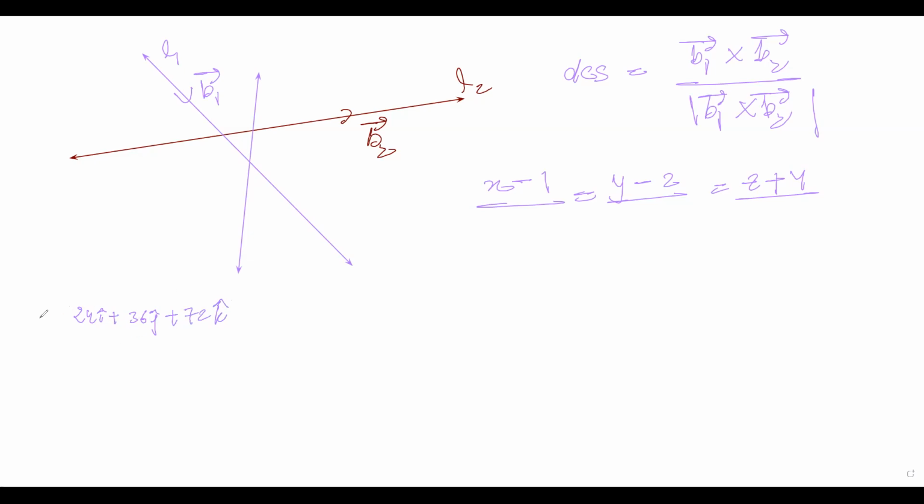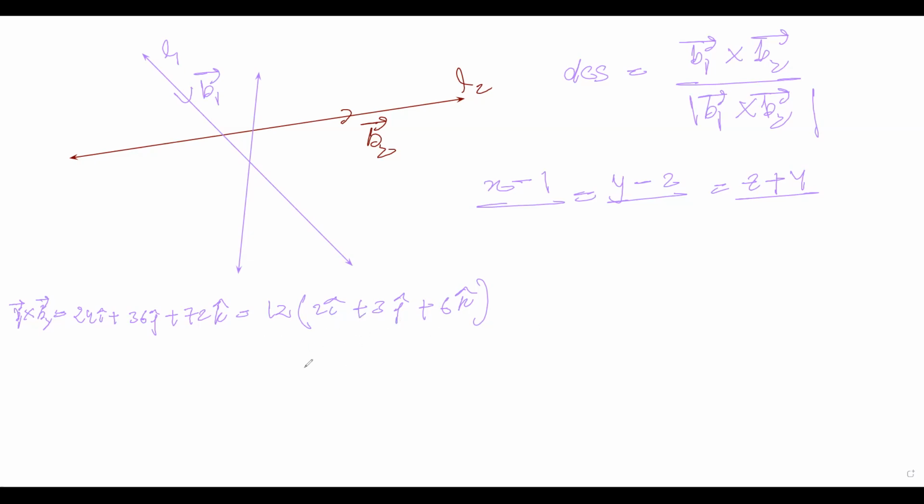This, if you notice, is the value for v1 cross v2, in which you can take out 12 common. So this would be 2i plus 3j plus 6k. The magnitude would be 7. So this would be 84 in total.